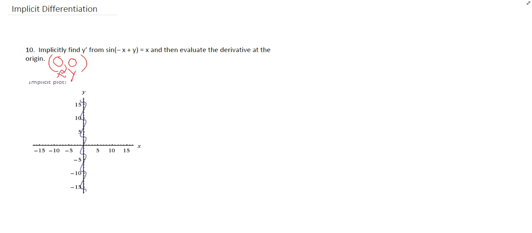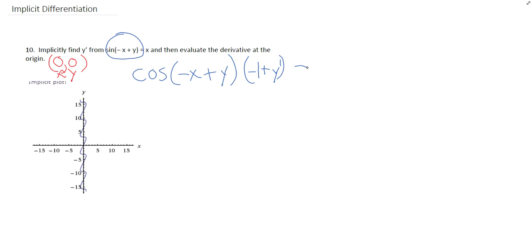We notice here that the left side of this equation involves a bit of the chain rule. So we have the derivative of sine, which is cosine of negative x plus y, times the derivative of the inside, which would be negative 1 plus dy/dx, or we could just write y prime.